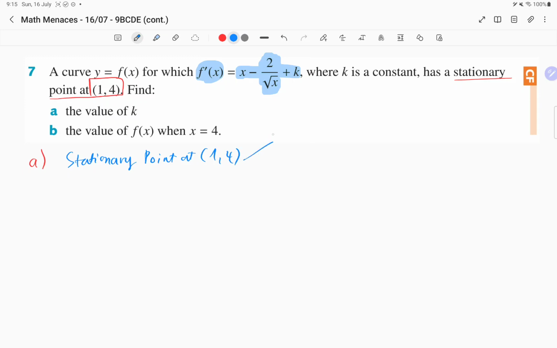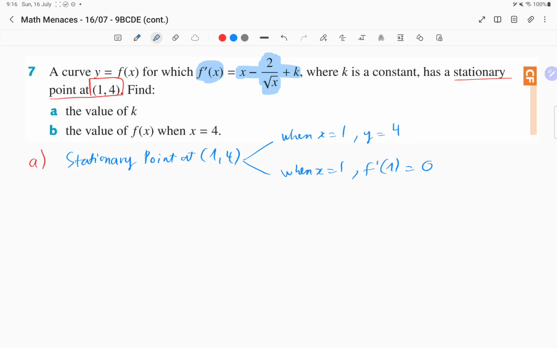The first one is that when x equals 1, y is 4. And then for the derivative, it's equal to 0. The second one, when x equals 1, then the derivative f dash of 1 would be equal to 0. So from one statement, you can form 2 pieces of information because each of them gives you one substitution, right? That's one substitution, and this is another substitution.